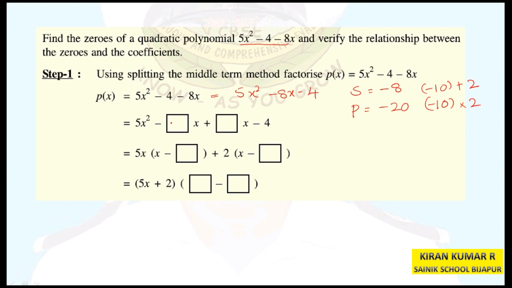So I will write here as minus 10 and here there is a plus 2x. In this step, when 5x is taken common, we will be left out with x minus 2. Here it is 2 common, x minus 2. So we get 5x plus 2 multiplied to x minus 2. These are the factors.